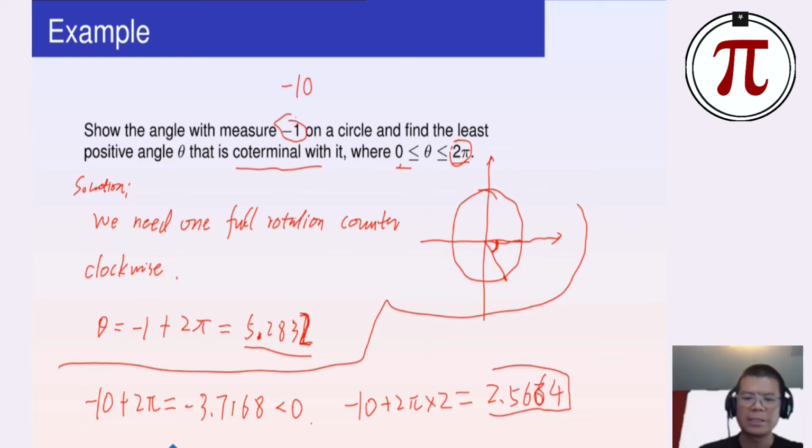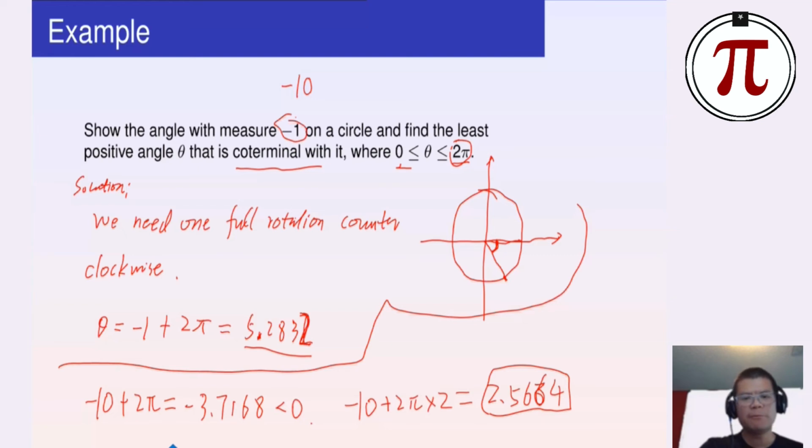Be careful that you run it correctly. So this is already between 0 and 2 pi, so you do not need another one. Very good, we got this one right.